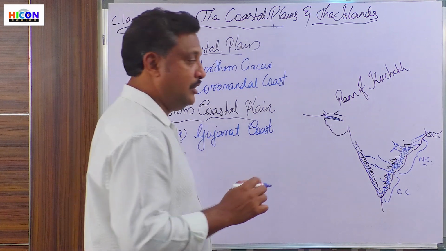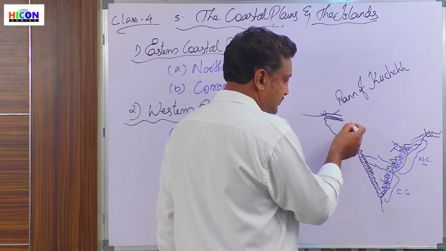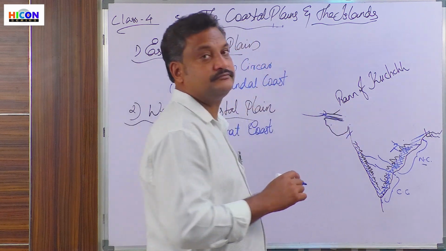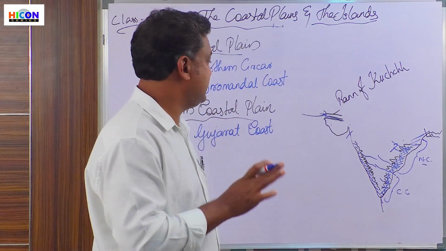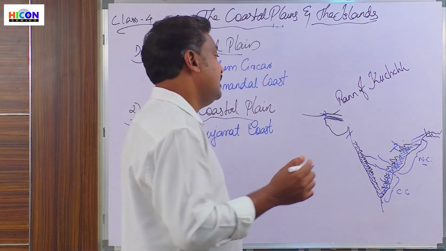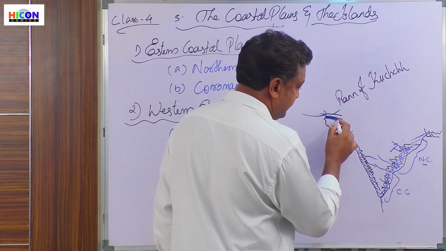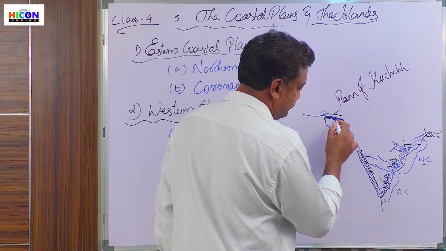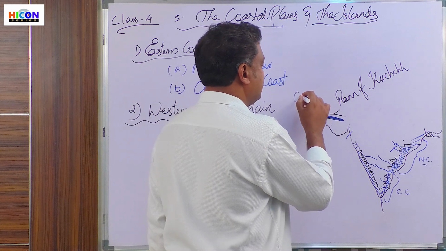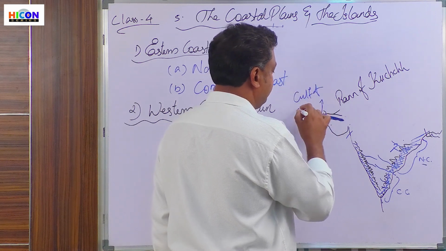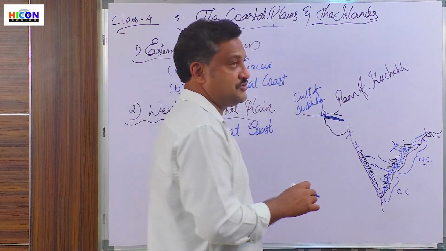First one is the Gujarat coast, which originates from here until here. The coastal region of the state of Gujarat is what is known as the Gujarat coast. And this region is known as the Gulf of Kutch.